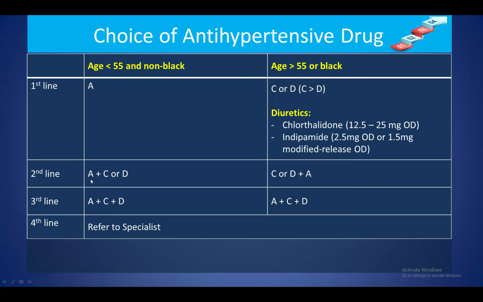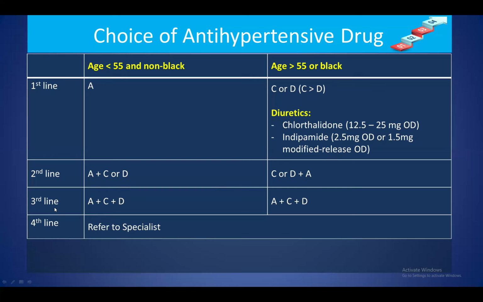If blood pressure is still not controlled, you will combine all the three drugs, that is ACE inhibitor, calcium channel blocker, and diuretics. So in first line, you use one drug, in second line, you use two drugs, and in third line, you use three drugs.